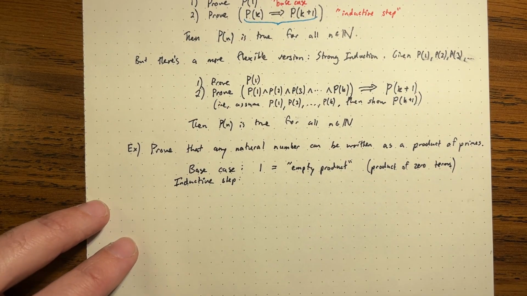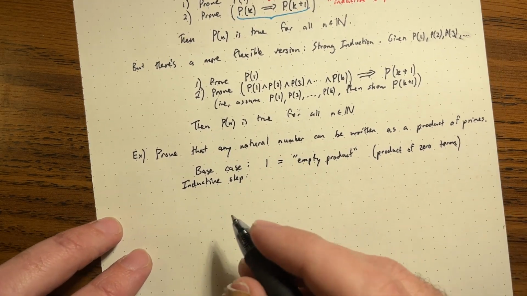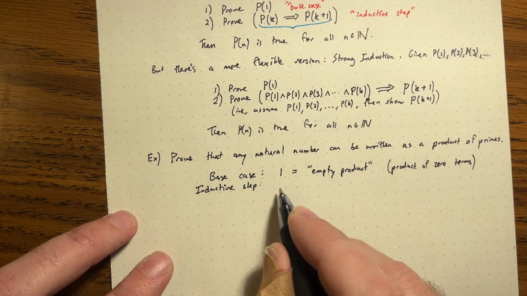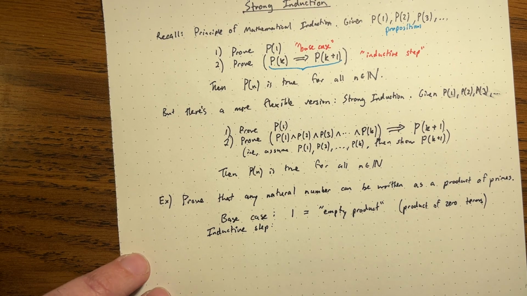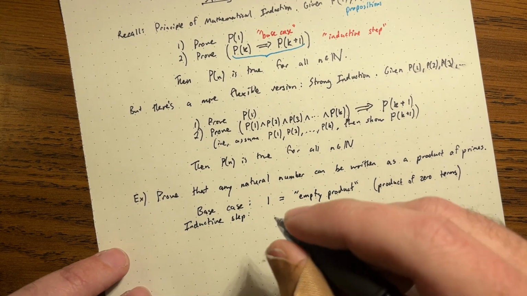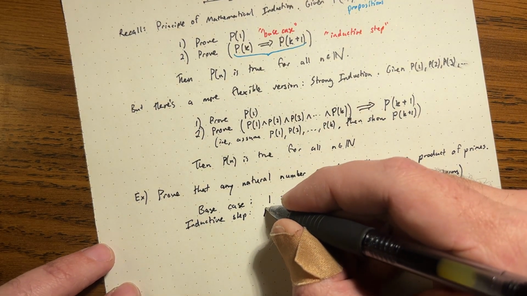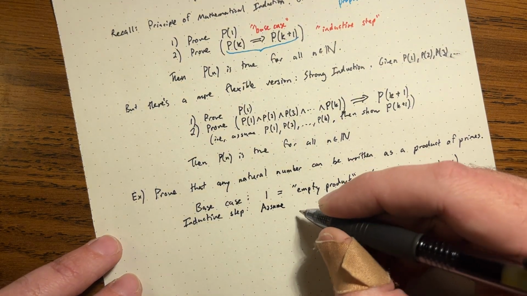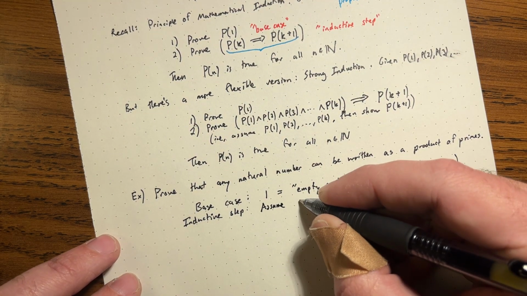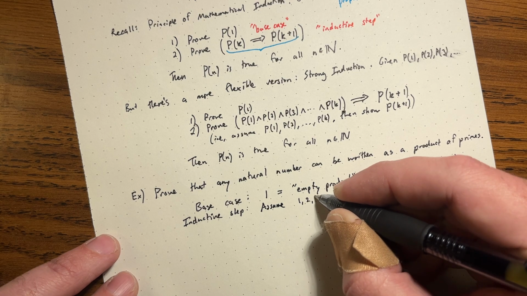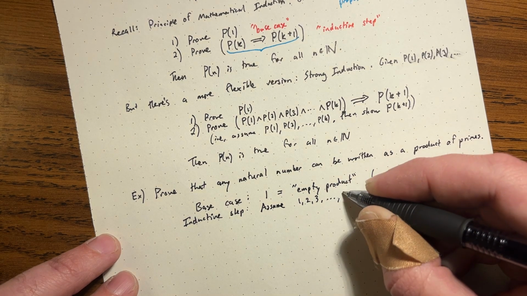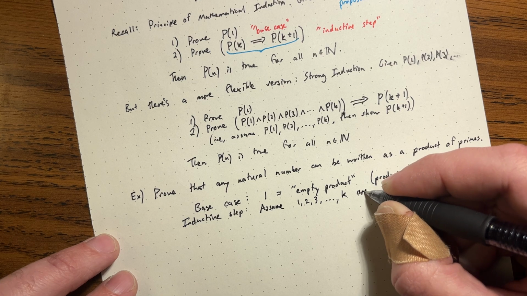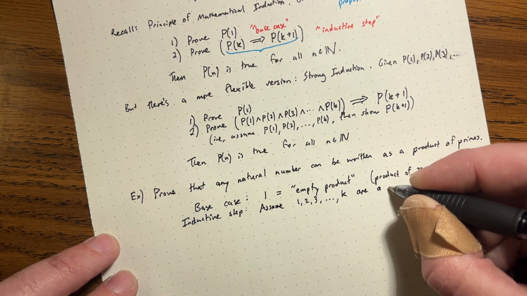That kind of problem is famously difficult in number theory. You're combining addition with factorizations in that way. But strong induction actually is going to work for us. So in the inductive step, we will assume that 1, 2, 3, all the way up to k are a product of primes.